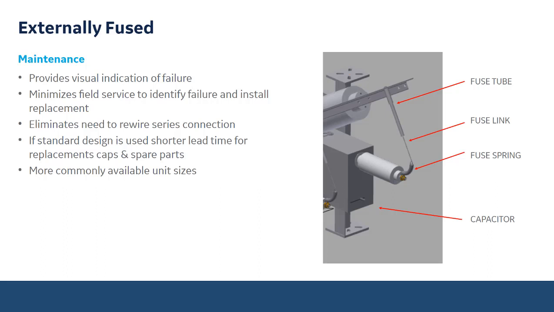So from the control house, from a site visit, you can see if that fuse link is currently present, or if it has opened and made a disconnect. It minimizes field service to identify the failure and install a replacement.